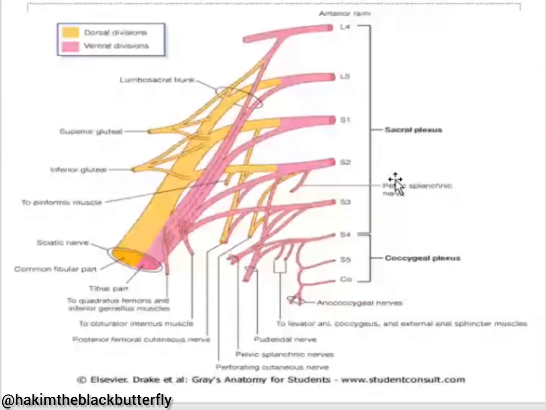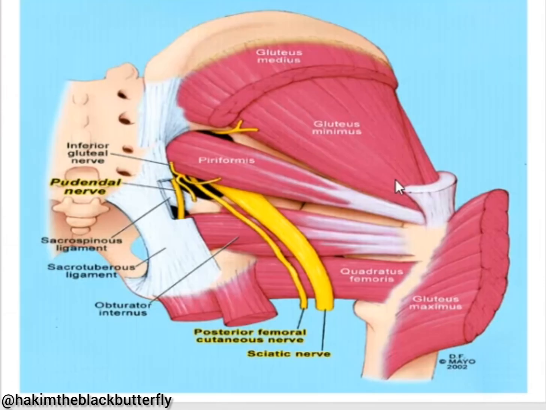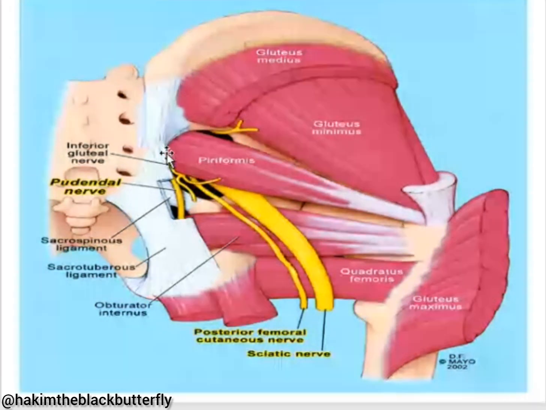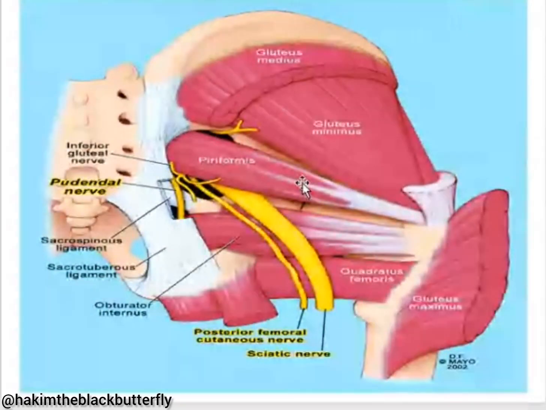For example, here we are seeing the superior gluteal nerve. Of course, it is coming from the sacral plexus on the inside of the pelvis. It passes through the greater sciatic foramen above piriformis to enter the gluteal region.